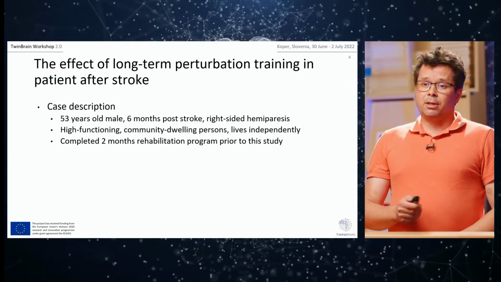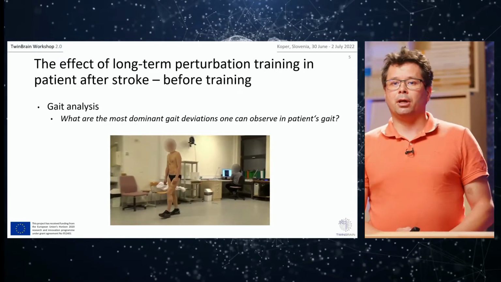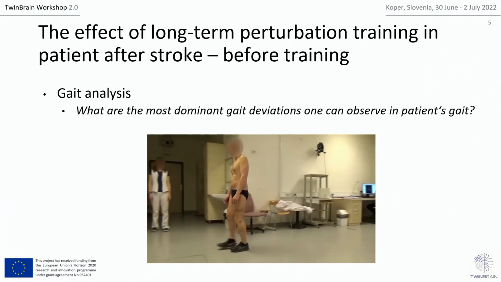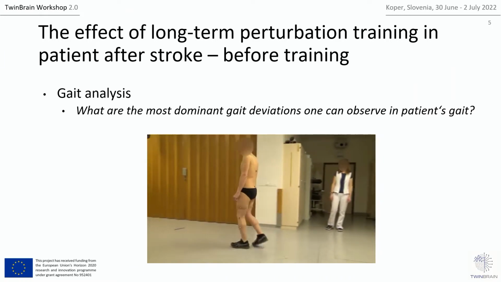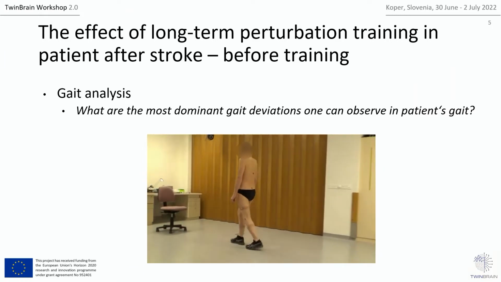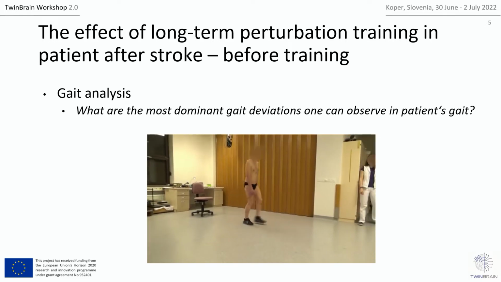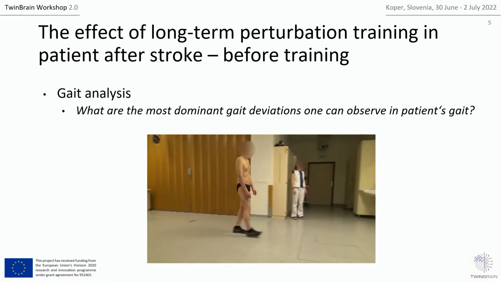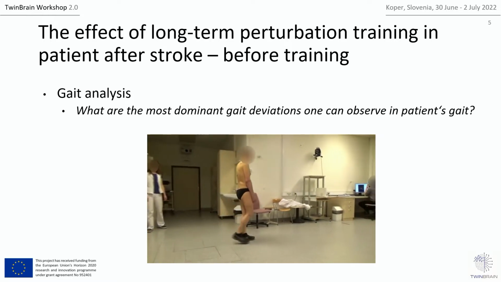The device was developed at our unit, and let's first look at the video of this subject walking in our gait lab, and try to identify the most dominant gait deviations that one can observe. The first thing that we notice is that the gait is very slow.